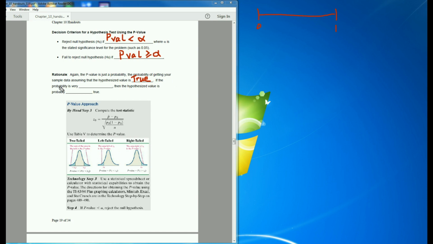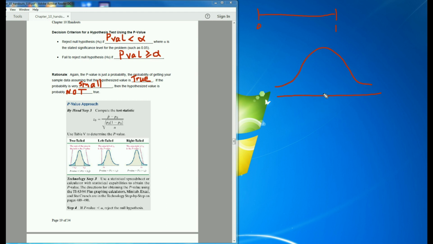If you find that the probability is very small, okay, then the hypothesized value is probably not true. All right, so that is why we would reject.